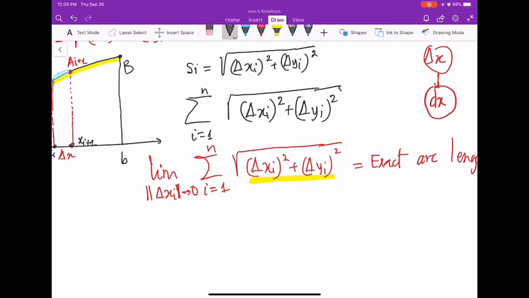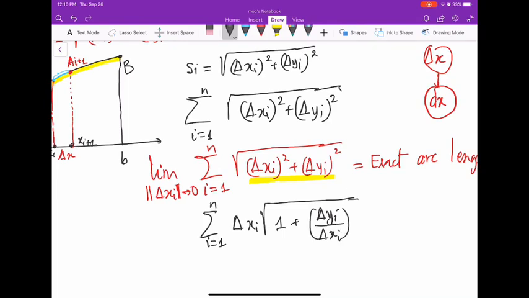And then I will take the limit process. So this is just i from 1 to n in here, and I put delta x_i squared out of the square root. So I only have delta x_i. In here, I have the square root of 1 plus (delta y_i over delta x_i) squared.